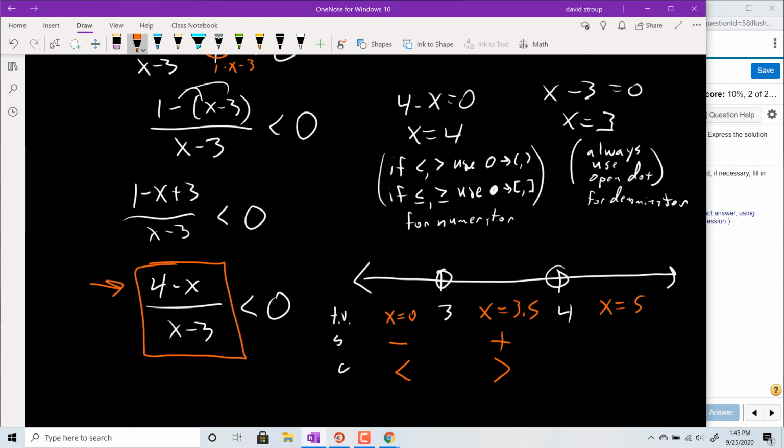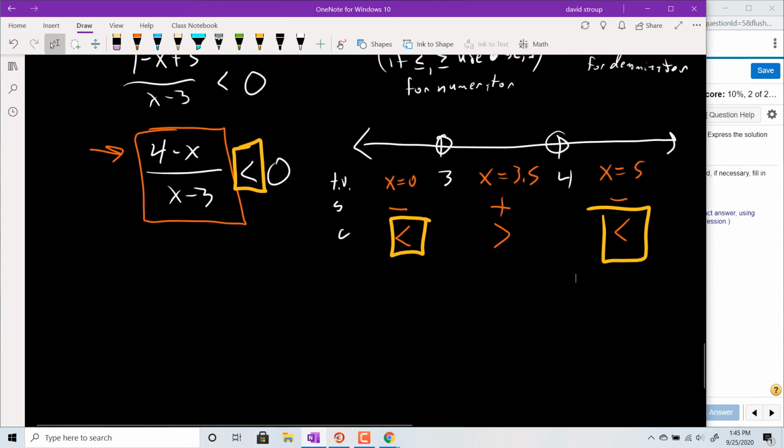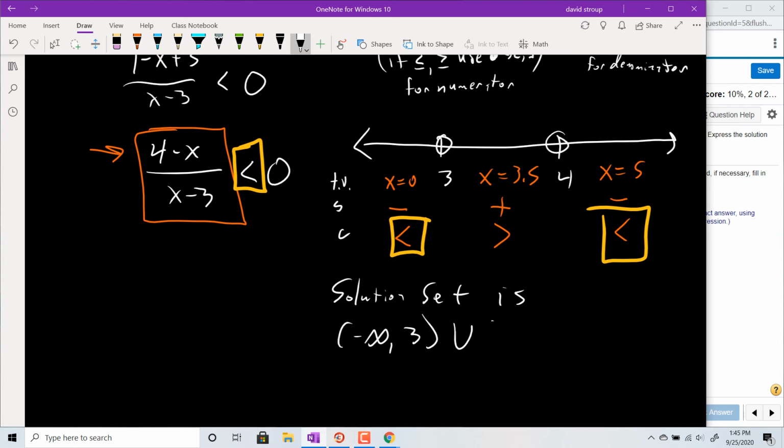Try x is 5. 4 minus 5 is negative. 5 minus 3 is positive, that will be negative, so that'll be less than. And we are looking for this less than inequality type. So it's this interval and this interval. So our end solution set is going to be -infinity to 3, don't include 3, and then union with 4 to infinity.